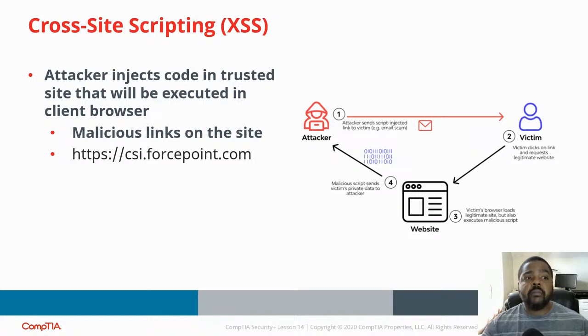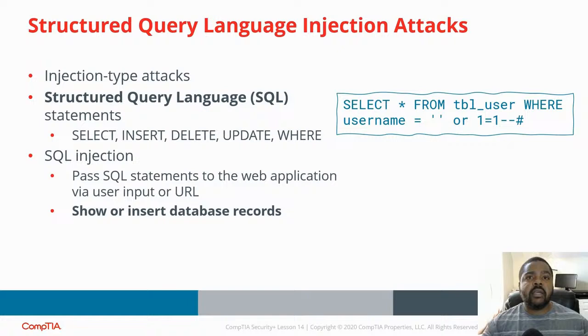As security professionals, I put here on the second bullet, you can see csi.forcepoint.com. We can go there and plug in the website that we are wary of, just to check to see if there are any malicious links on there, and then we can warn our clients or whoever, hey, we might want to avoid that website until the owner fixes those issues on their site.